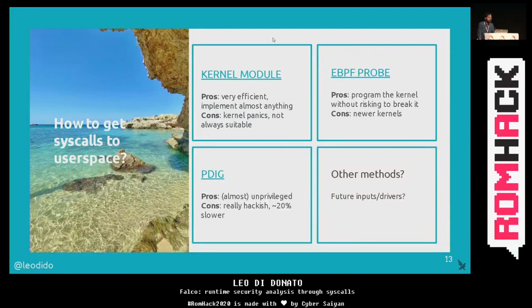Then it was extended by Alexei in 2013, 2014, to basically create a technology that makes us able to code the kernel without risking panicking it and without risking exposing holes or safety issues. This is because a virtual machine has been created in the kernel which puts a focus on safety and security.